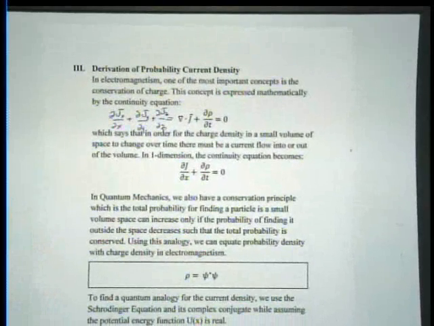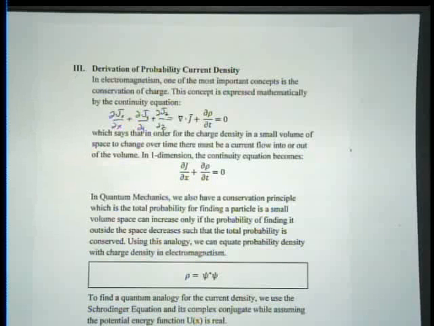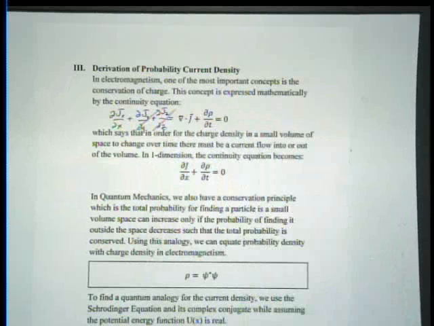Now that would be a 3-dimensional problem. Let's walk before we can run. Let's say that this is only a 1-dimensional box, because that's all we're going to do, 1-dimensional problems. If I'm doing a nucleus, I have a 3-dimensional problem. If I'm doing a hydrogen atom, I have a 3-dimensional problem. I have a 1-dimensional barrier. So I just basically eliminated those 2.